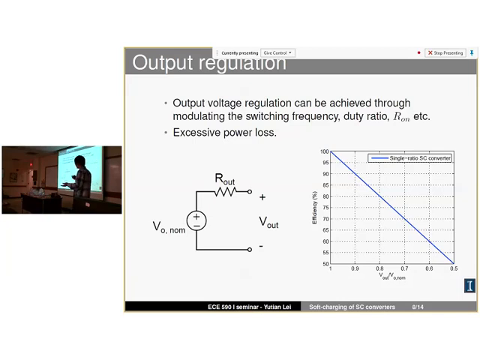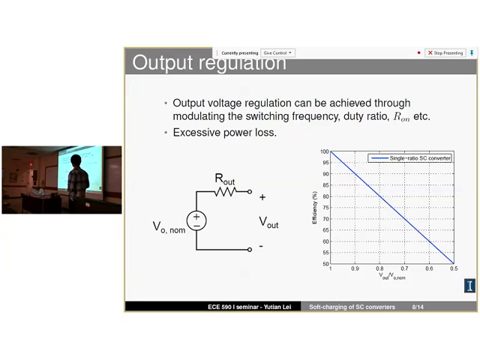This is actually the reason why switch capacitor converters are only seen in low power applications, because at low power, maybe this efficiency is acceptable, but if you go to high power applications, this efficiency will create lots of power loss. It costs money, and you will have trouble cooling the converter.